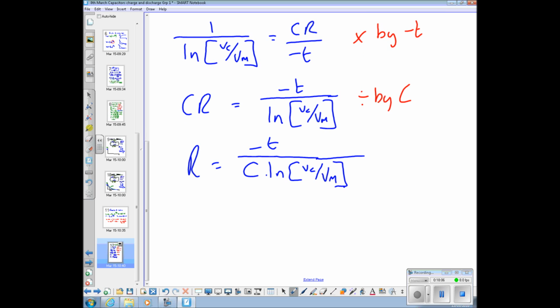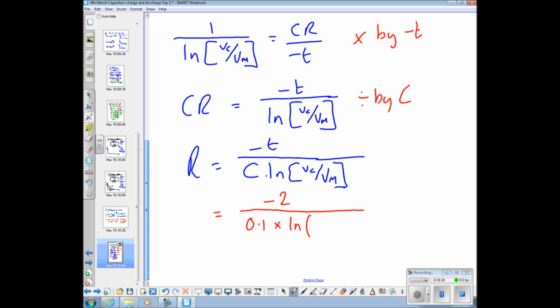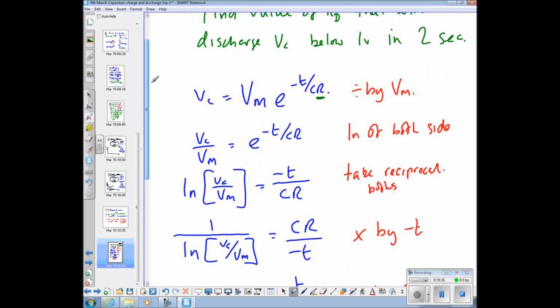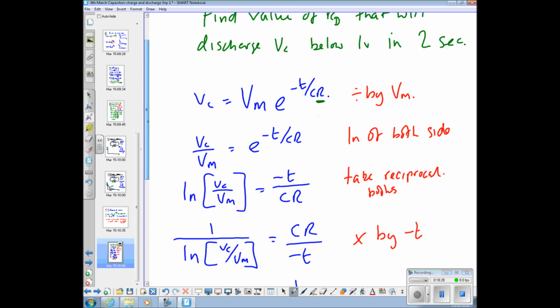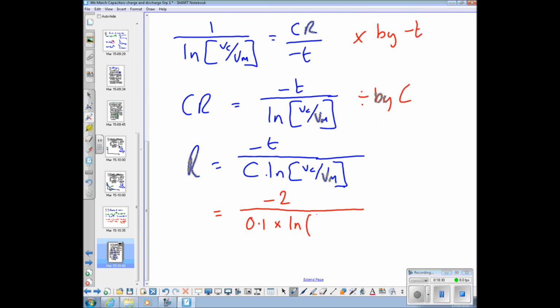Now can I put some numbers in it? We want minus 2 seconds, we said, is our time. C was 0.1 farads times natural log of... was it 2 seconds we specified or 1? 2 seconds, and below 1 volt, wasn't it?